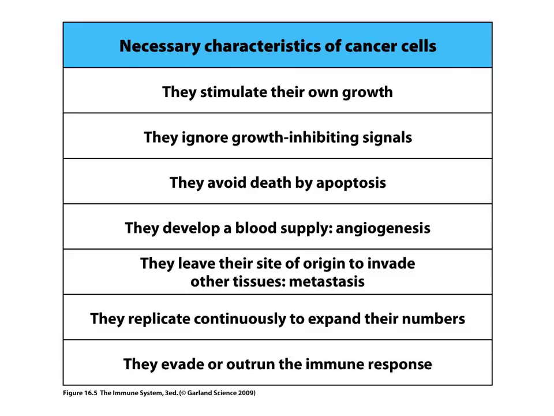And they basically stimulate their own growth, and they don't want to die by apoptosis, and they come up with their own blood supply, and sometimes they move from the primary site of cancer, like a breast cancer can move to lungs, liver, brain, bones, and so on and so forth. This is called metastasis. And then again, since they're out of control, you have a difficulty in using a therapy to control them. But the most important thing that I will discuss today is how our immune system fails to fight them.